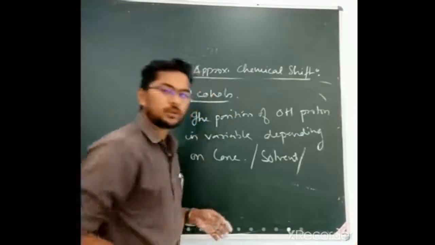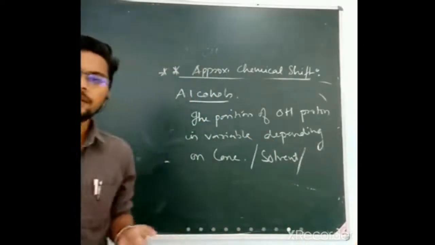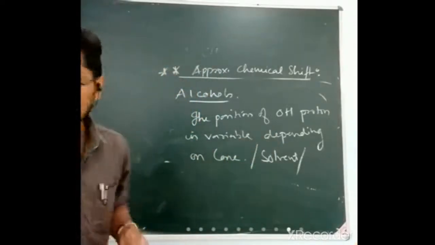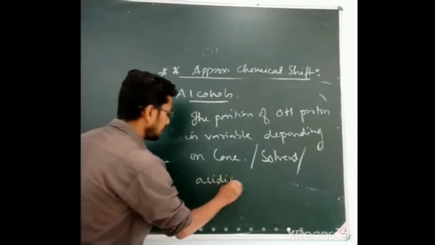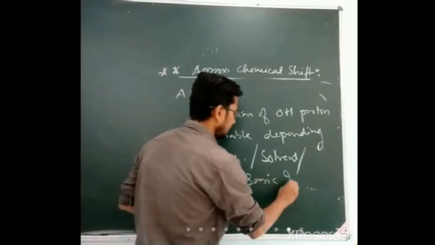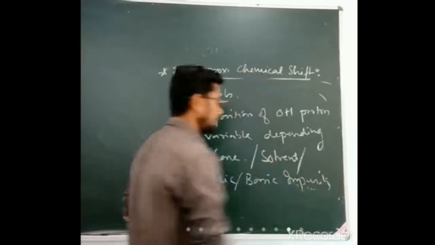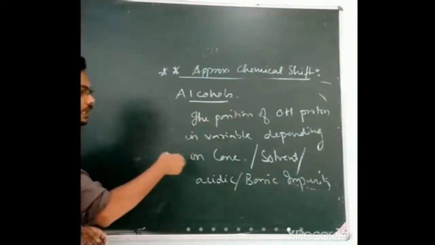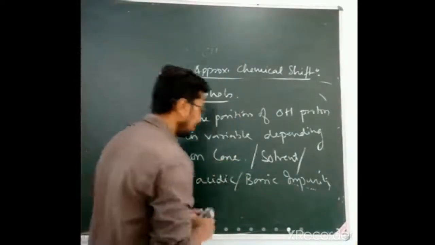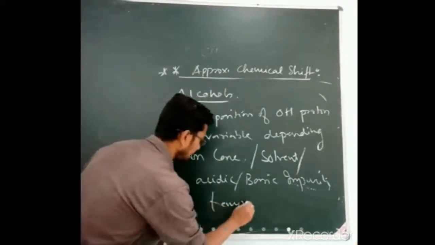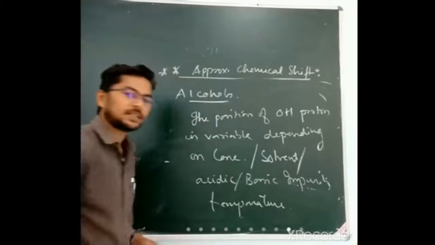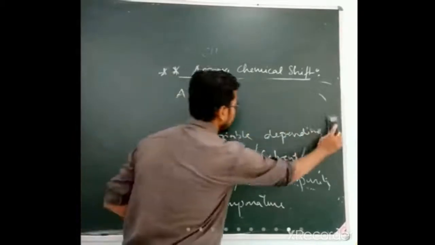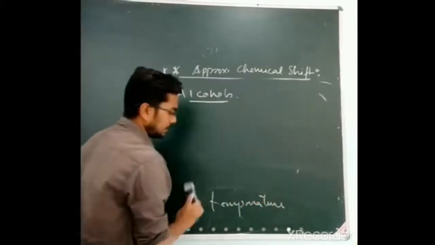If you have some solvent which interacts with the alcohol, then there will be no coupling. But if you have an inert solvent, then that coupling may be present. Then you have acidic or basic impurities present. In those cases also there will be no coupling behavior. So the position of the OH proton is variable depending upon concentration, solvent, acidic behavior. Also you can write temperature. If temperature is rising, then the exchange is more, and if exchange is more, your coupling will be negligible or not present.